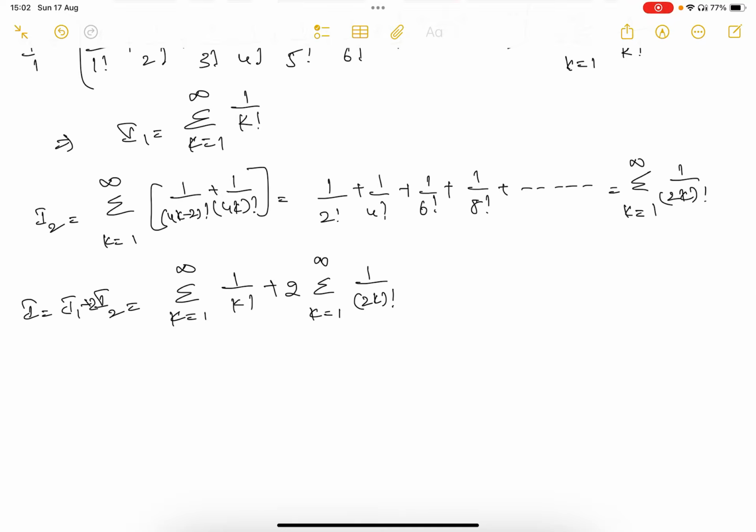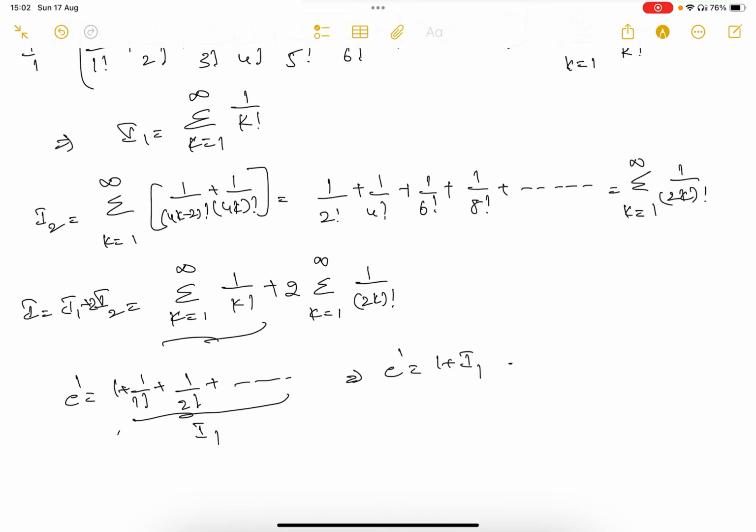As you can see, the first term here, e power 1 is 1 plus 1 by 1 factorial plus 1 by 2 factorial plus so on, right? So our summation starts from 1, right? So this will be our I1, that is e power 1 equal to 1 plus I1, that is I1 equal to e power 1, which is e minus 1.